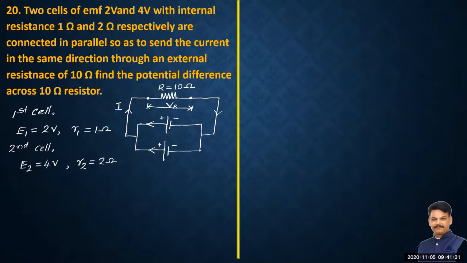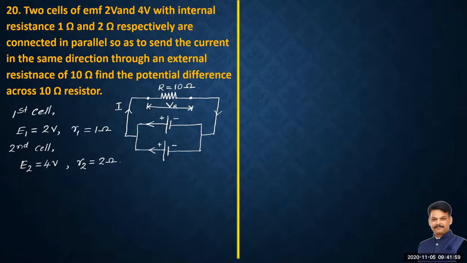How to find the current? To find the current, we have one formula related to the combination of two EMFs. Recall the theory class we have learned. Whenever two or more batteries are connected in parallel to one another, there will be an effective EMF and effective internal resistance, or equivalent EMF and equivalent internal resistance.